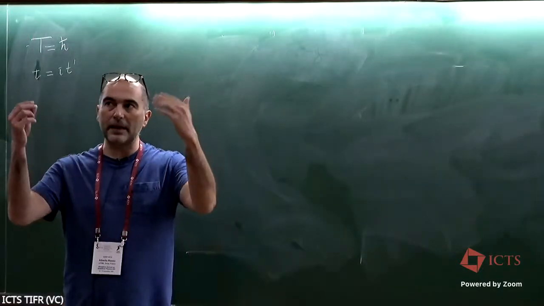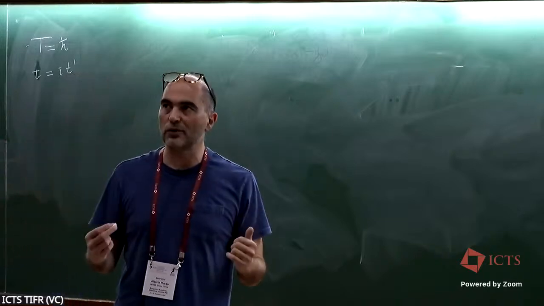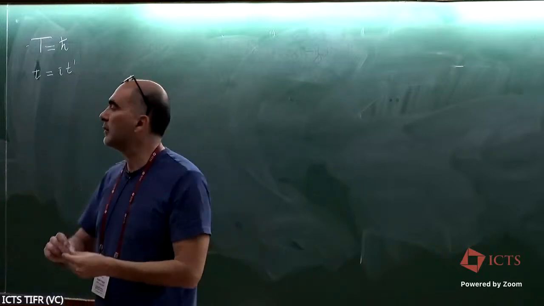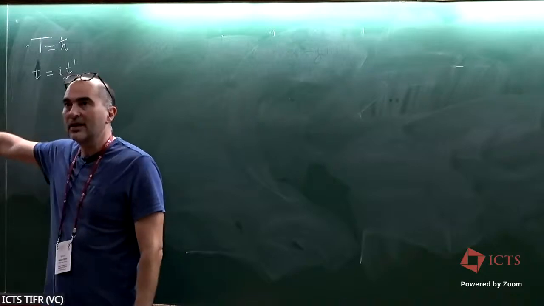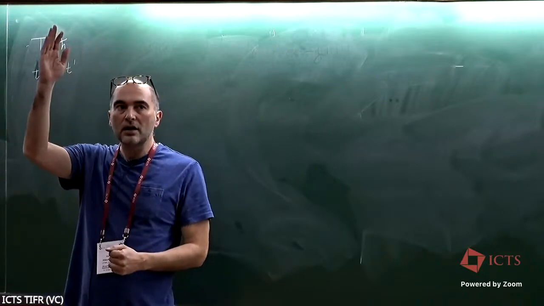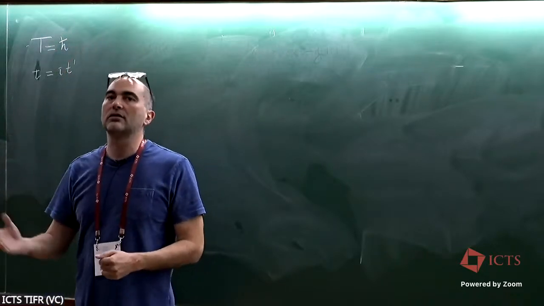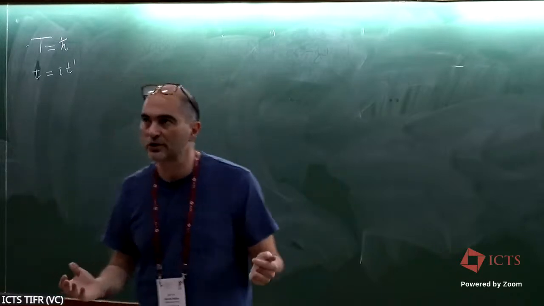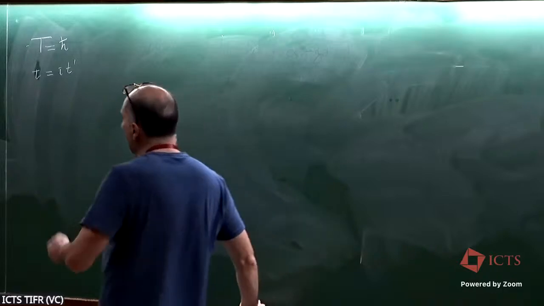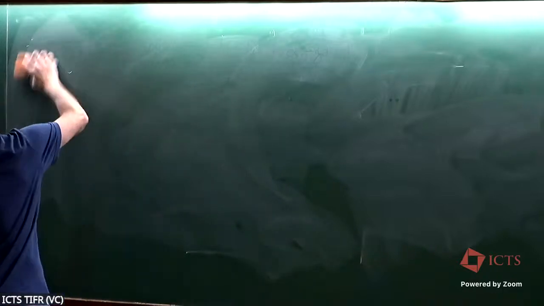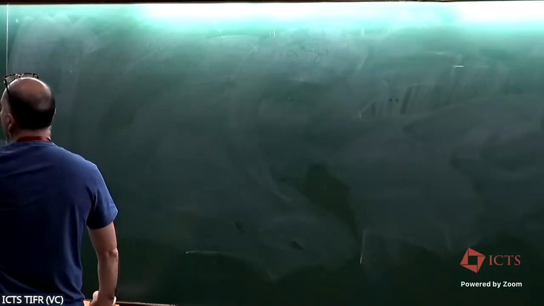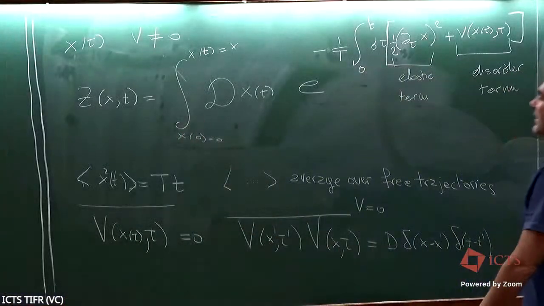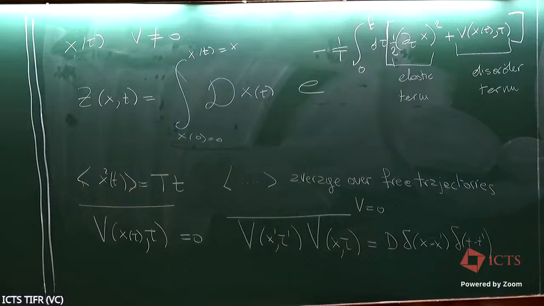There is a method called the Feynman-Kac formula that allows you to go from this path integral object, which is the sum over all paths, to a differential equation for z, which is called the Schrödinger differential equation, okay? So we want to find the Schrödinger differential equation of this path integral formulation of the partition function.